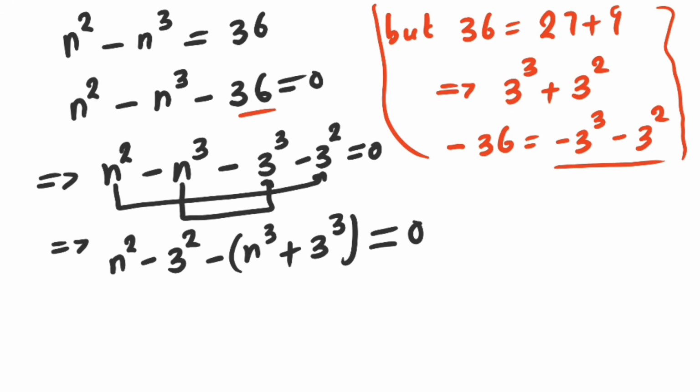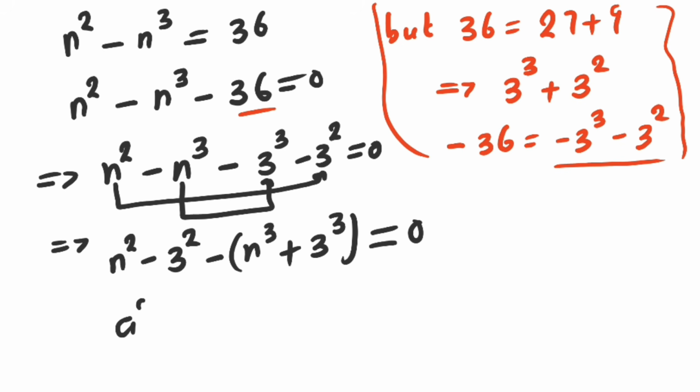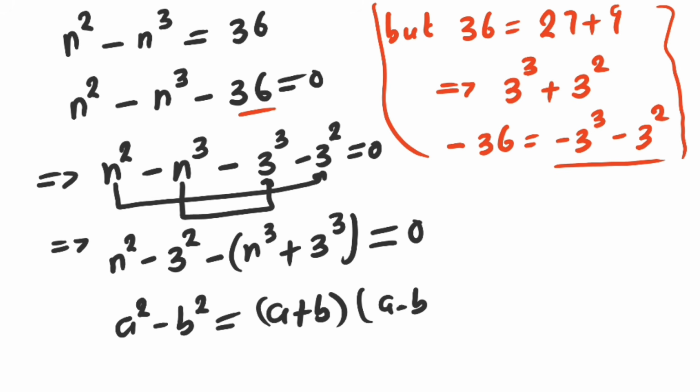Now take note of this, that if you have a squared minus b squared, this is in form of perfect square, which is equal to a plus b bracket a minus b.